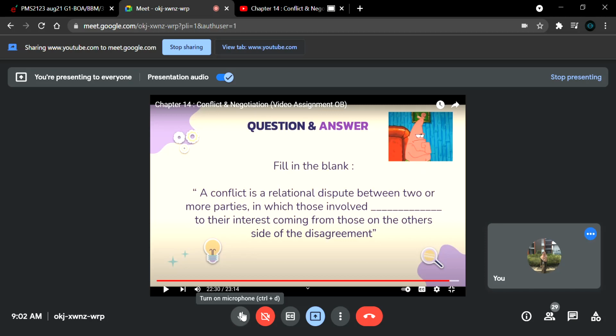Fill in the blank. A conflict is a rational dispute between two or more parties in which those involved perceive a threat to their interest coming from those on the other side of the disagreement. Siapa tahu jawapan dia apa yang ke tempat kosong tu? Siapa nak jawab?